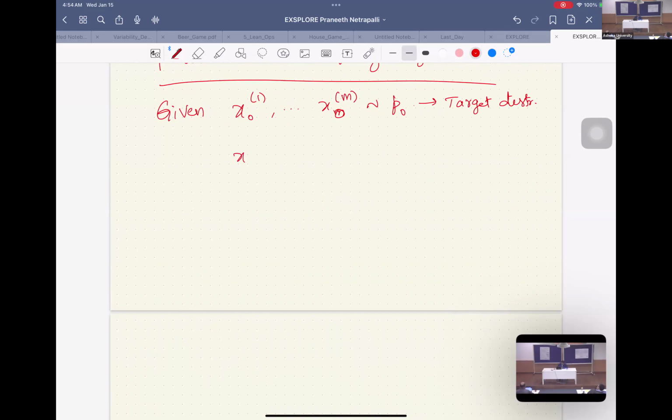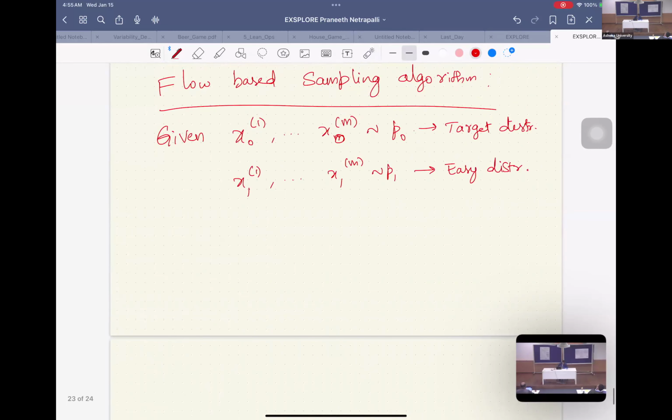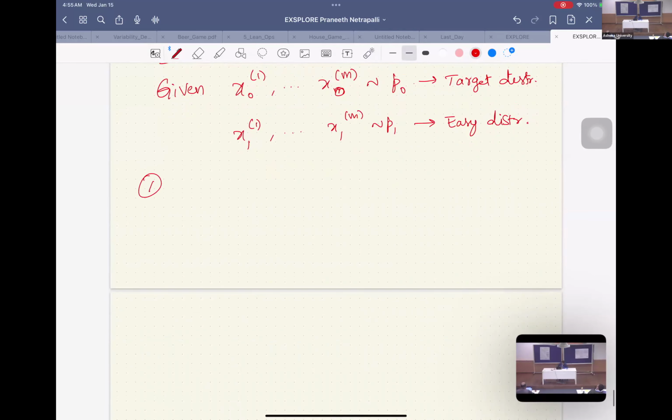And we can also sample from some other easy distribution. First, we construct trajectories.